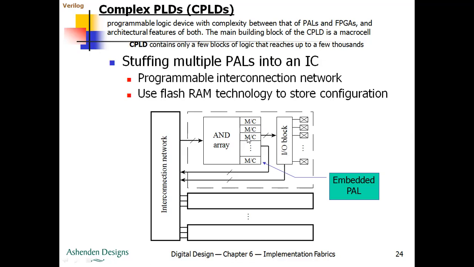All these MCs are not directly connected to the output pins. Instead, each and every macro cell is connected to the output pins via this IO block, the input-output block.